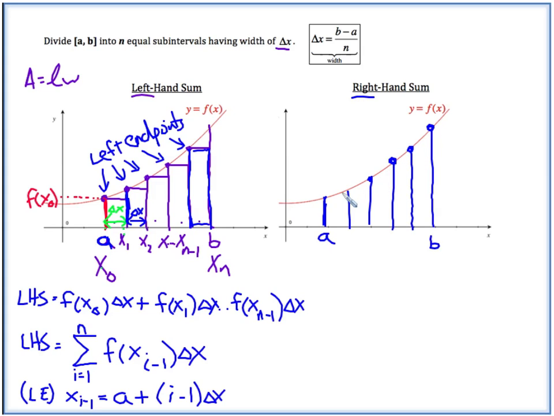So start at the right of your interval and work your way down, or to the left. Now if we want to create rectangles, they're going to have these heights, and you can see the extension right there. Okay, so these are all right endpoints.